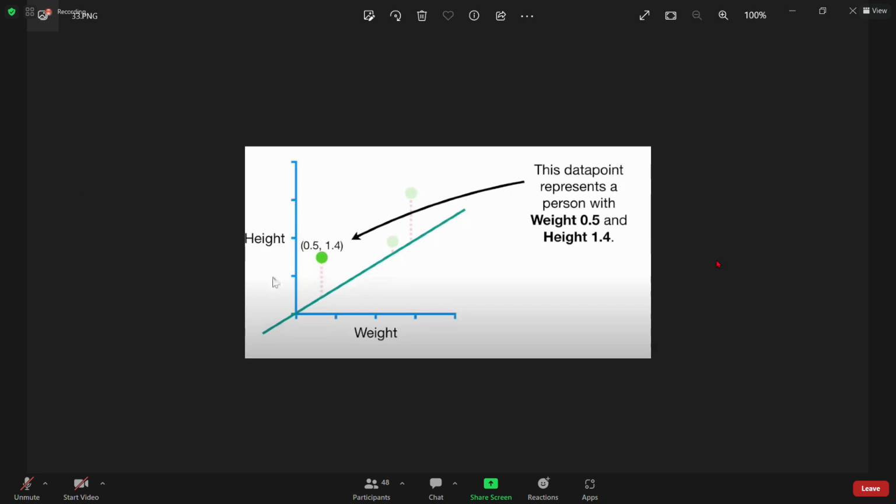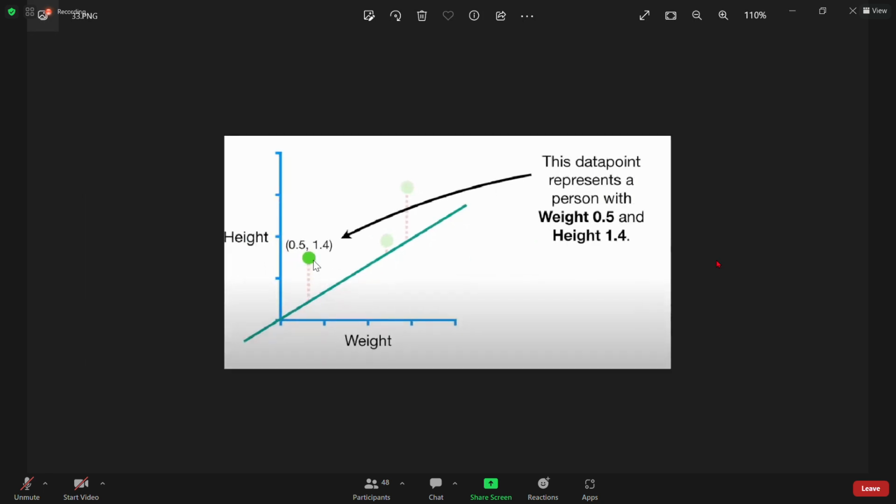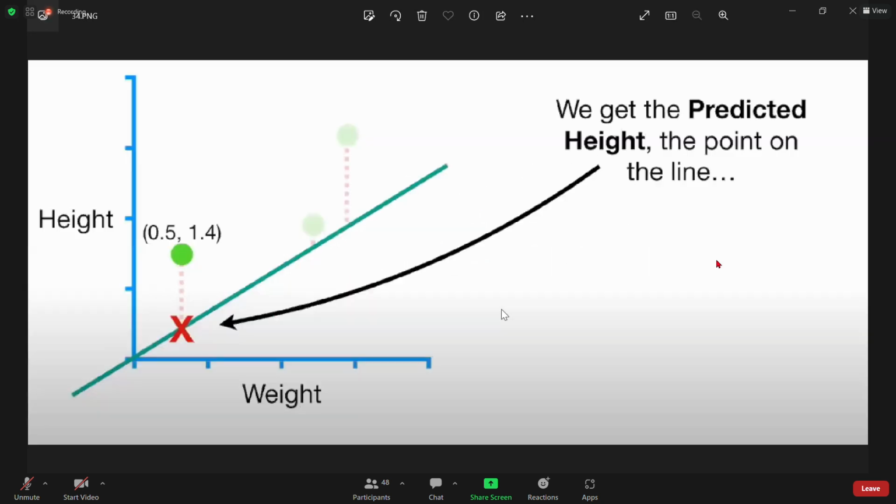If this is the actual height, assume the actual data of a person is 0.5 weight, 1.4 height. Clear? XY coordinate 0.5, 1.4.